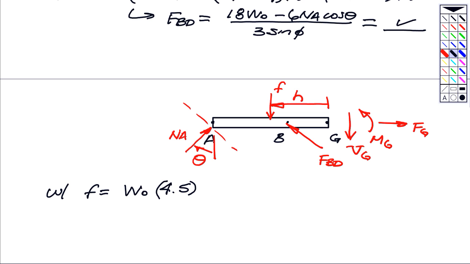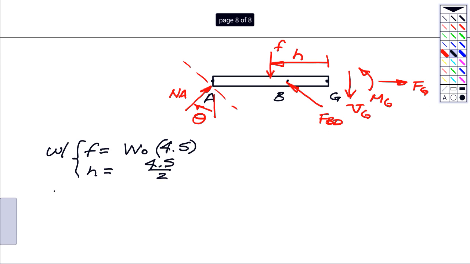In this case, it's 4.5. H is going to be half of 4.5. It's in the middle of that cut section.